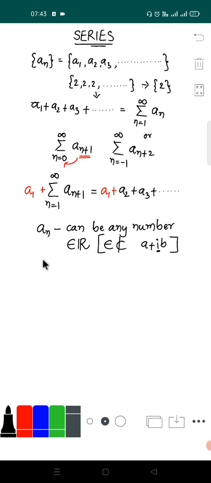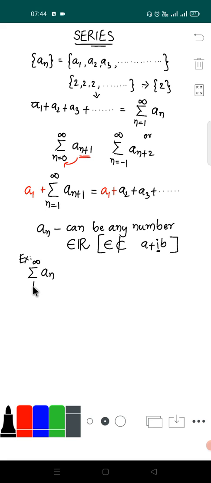In the last class we discussed that series and sequence behavior are interrelated. How it is related we discussed, but we go over it briefly here. Suppose we are given the series of an where n goes from 1 to infinity.